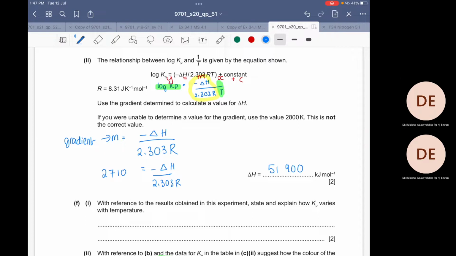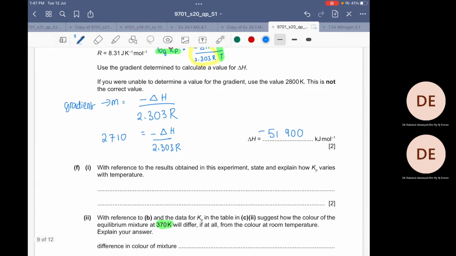Yeah, 51,900. Don't forget your negative. Did you guys get a different answer? How much? 54,300. It's still 50,000. Okay, so that should be fine.